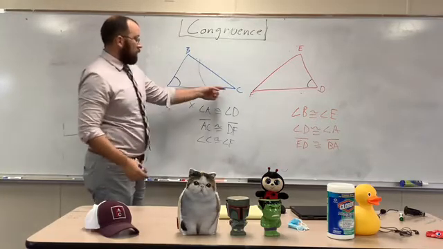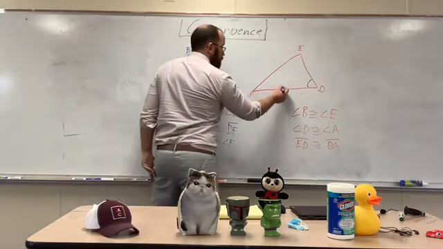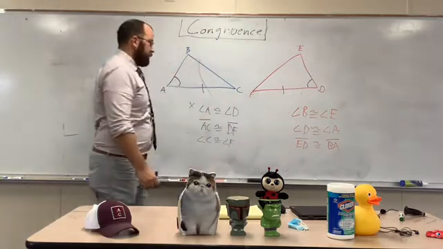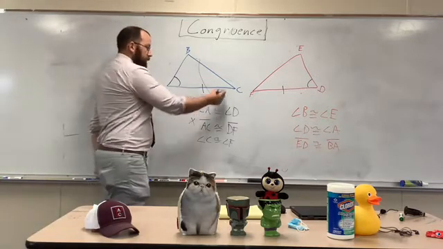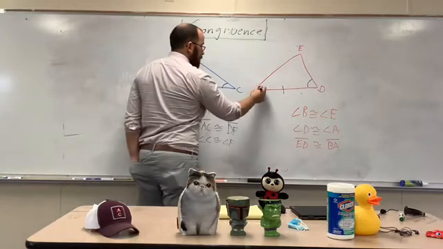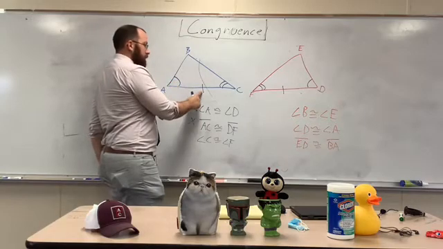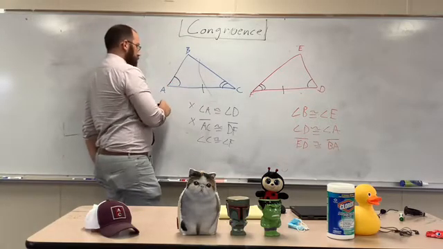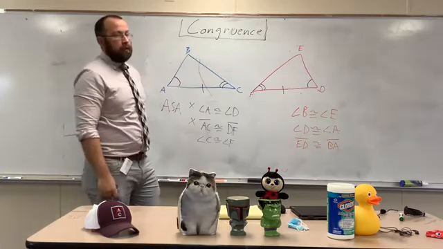Line segment AC is congruent to DF. Good. Now, angle C is congruent to angle F. So now I have an angle, a side, and an angle. So yes, they are congruent, and that's called angle, side, angle.